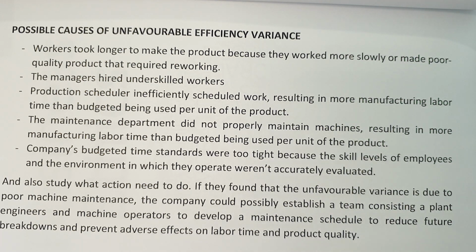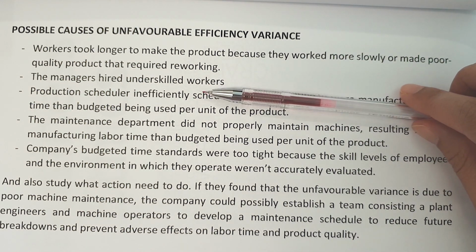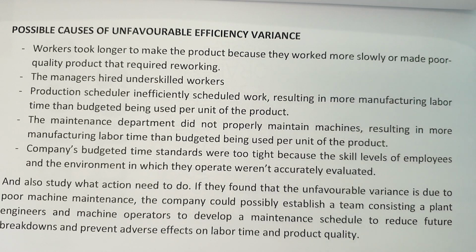Or is it because the managers possibly hired underskilled workers? It makes a difference. If for example you use skilled workers and unskilled workers, in terms of number of hours, the skilled worker can do it faster than the unskilled workers. So this is also something we have to investigate.